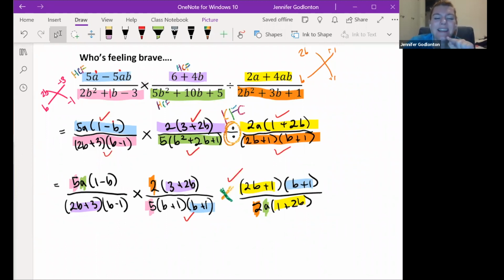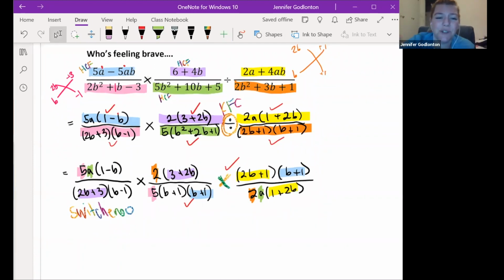What is the sneaky thing that we're allowed to do when it comes to factorization? It's linked to when we have highest common brackets. This switcheroo, guys, we can do a switcheroo. It's such a sneaky one. So this question's actually out of 10 marks. I completely forgot about the sneaky switcheroo.